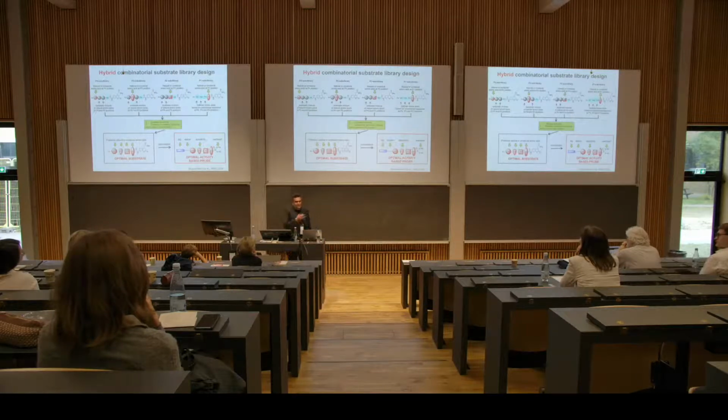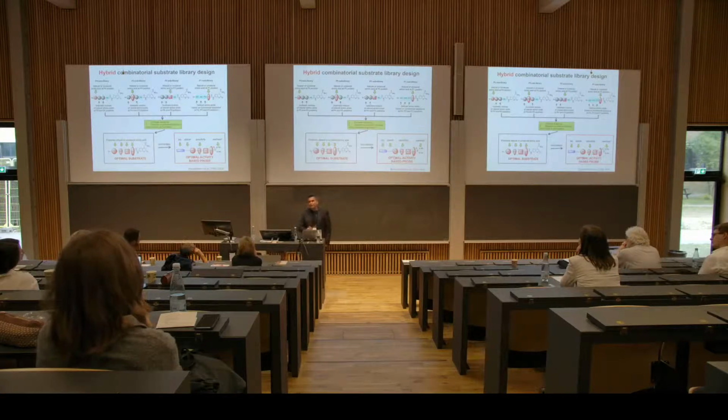Me and three other PhD students worked on this project for a couple of years without telling a word about what we were doing, and as a result we published this library, called the Hybrid Combinatorial Substrate Library. Hybrid, because it contains all the knowledge from Big Pharma about natural amino acids, and we added a big part of the technology with unnatural amino acids.